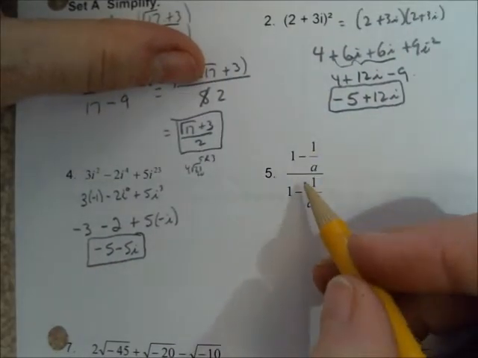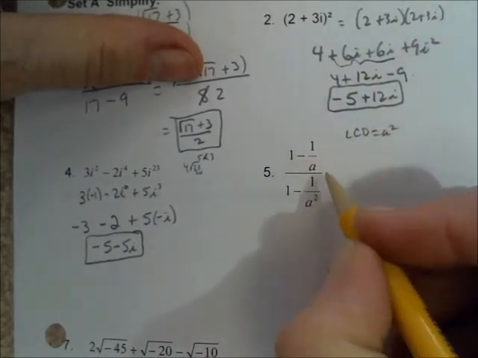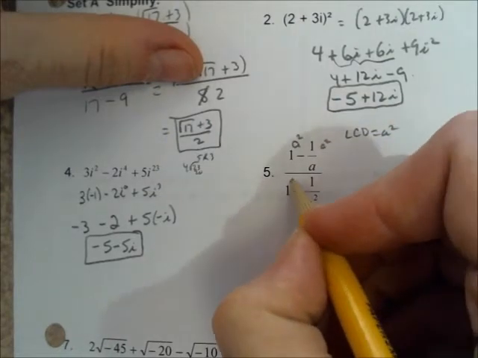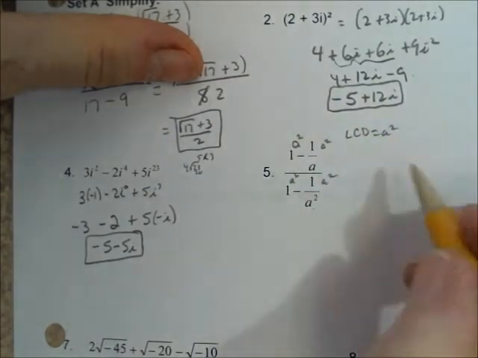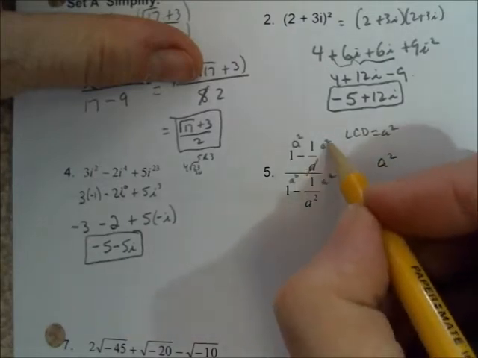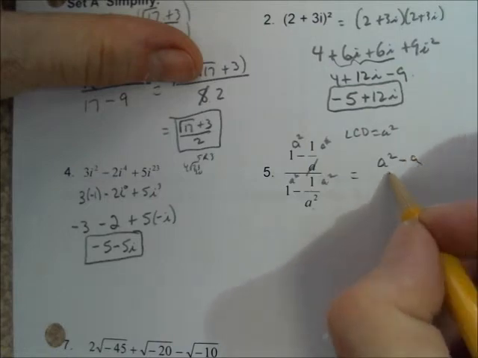When you have a complex fraction, you find the LCD. The LCD is a squared. Multiply everything by a squared, all 4 terms. 1 times a squared is a squared. This a cancels out with one of those, so you have a squared minus a on the top.